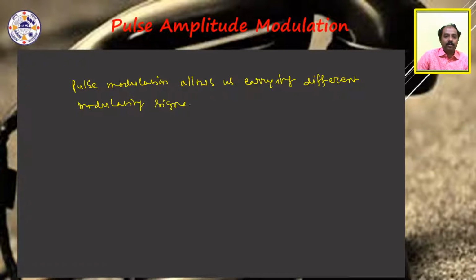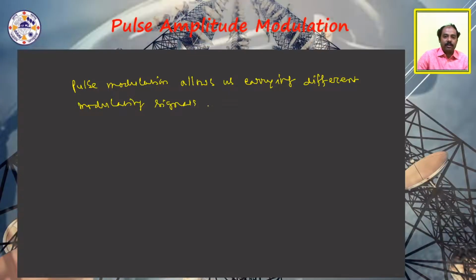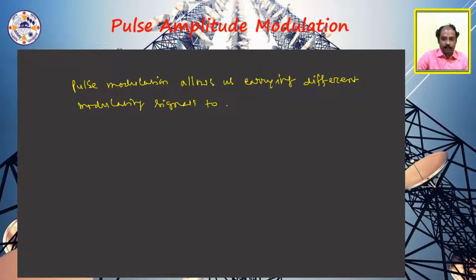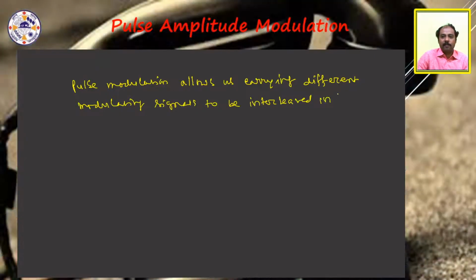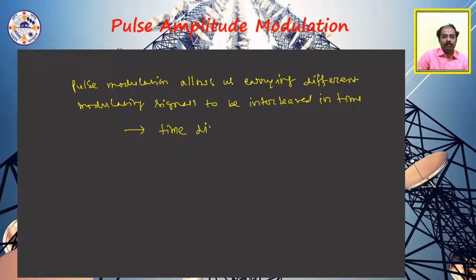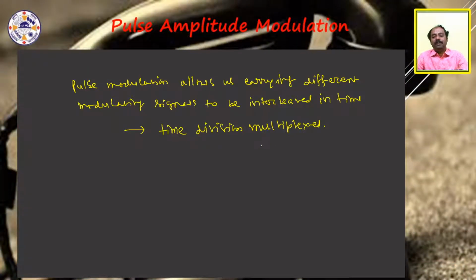I have shown here M1(t) and M2(t), different modulating signals, to be interleaved in time. This is called time division multiplex.